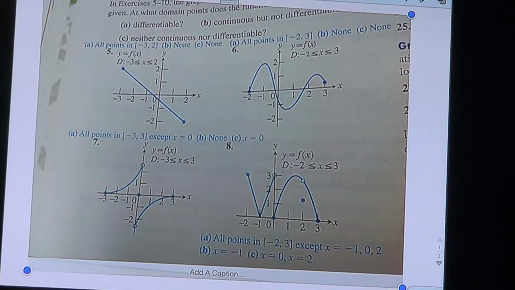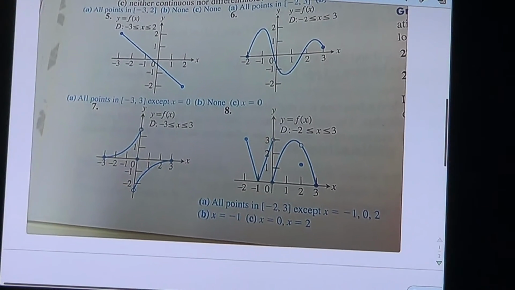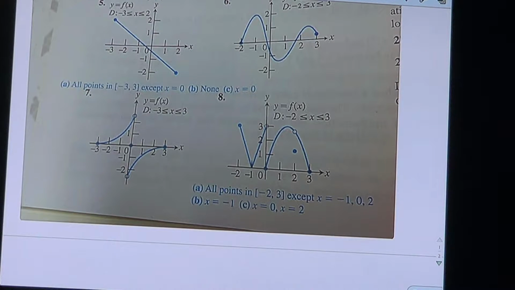Okay, so 6 is similar to 5 because there's no point where it's not differentiable. All of those derivatives would exist. So let's look at 8. 8 was the really strange one. So where is it not differentiable? At what x values?